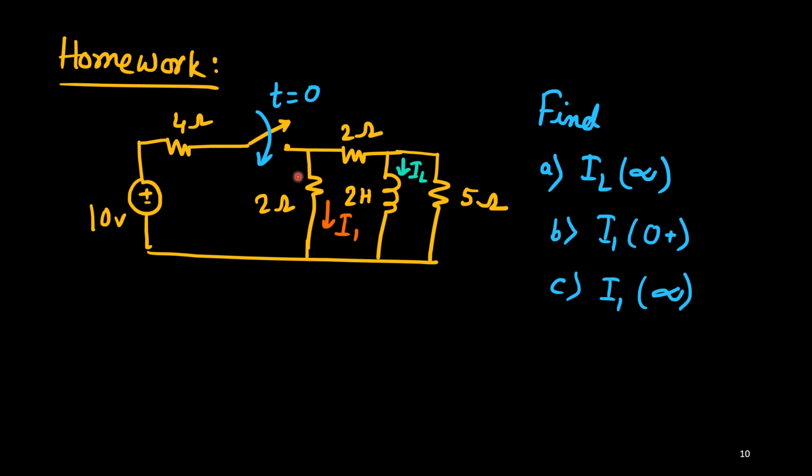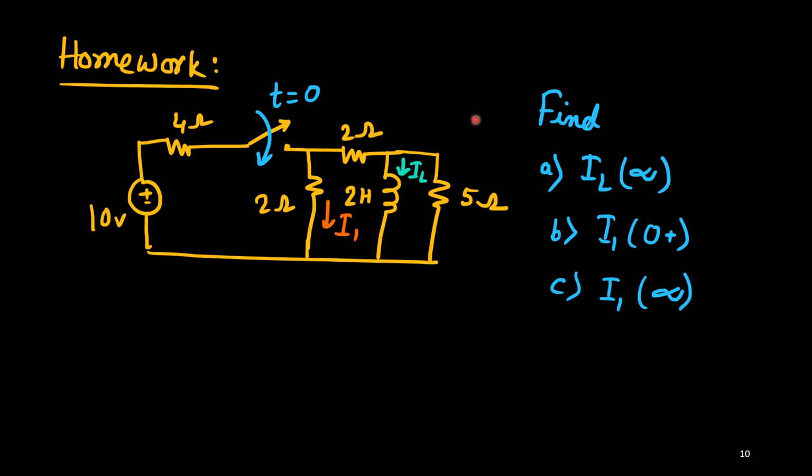I have not said anything about the inductor. Inductance is 2 Henry, and this resistance is 5 ohm. Remember that if nothing is said about the inductor, then consider the inductor as a relaxed inductor, meaning the initial current through the inductor is 0. That you can assume, if nothing is said.